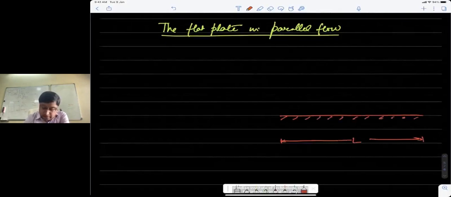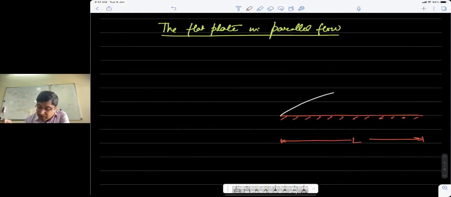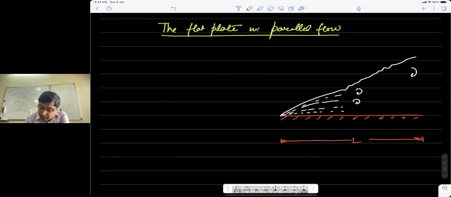Okay, and the length L is such that the flow that develops over this plate remains laminar for some distance, and maybe then it becomes turbulent. So you have very neat streamlines up to a certain point, but beyond that you get turbulent mixing or wake vortices that are formed.